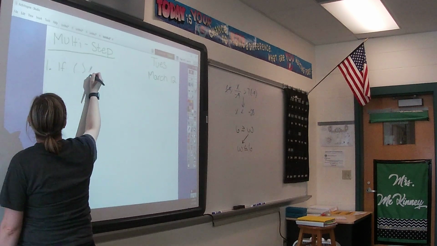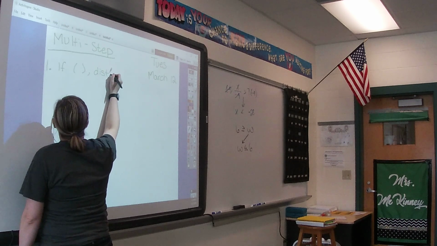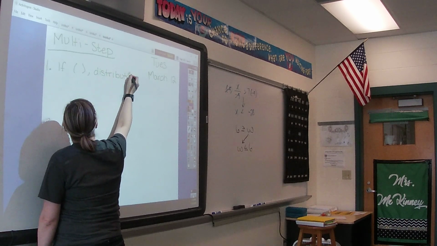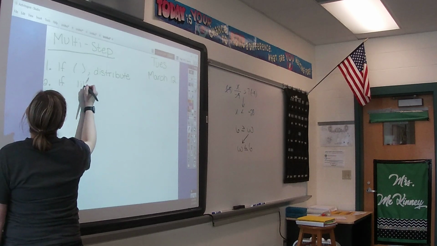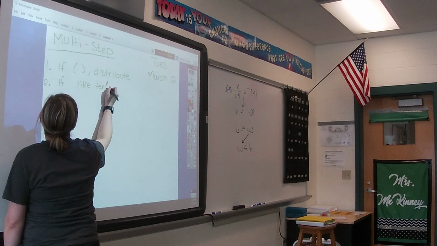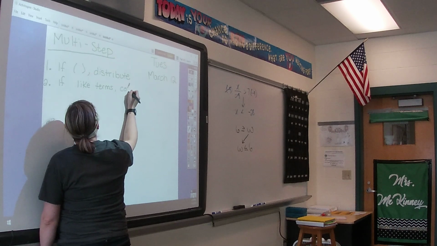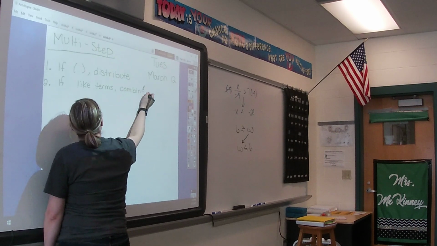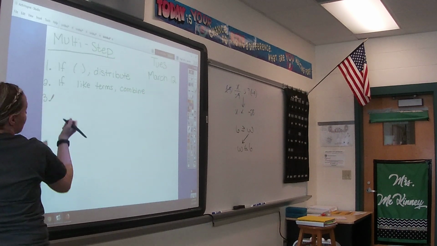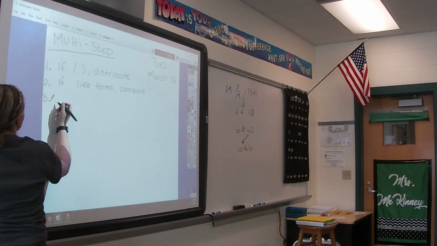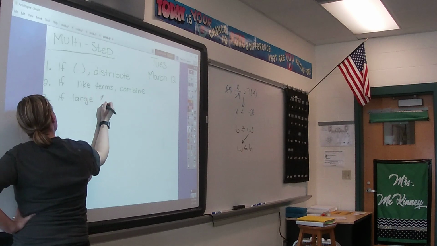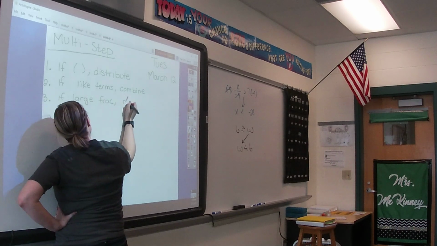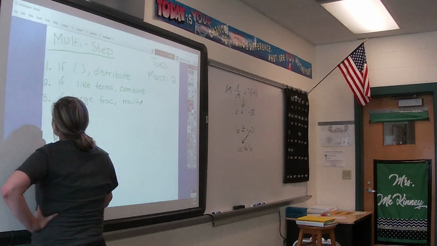If there are parentheses, we distribute. If there are like terms, combine them. You'll notice they keep getting shorter each time. If a large fraction, we'll multiply by the denominator.